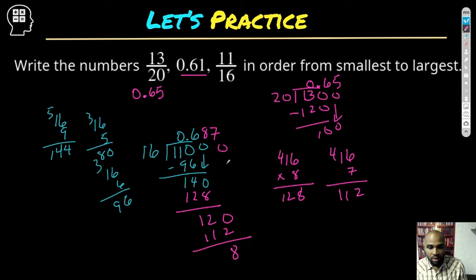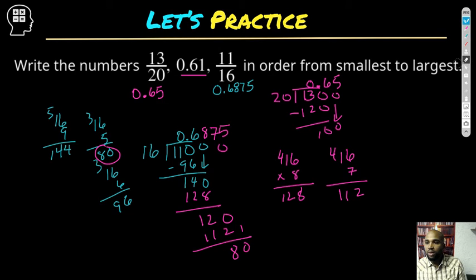I'm going to drop down another 0. I don't think that's going to fit perfectly. Let's see, 16 times 5. Yeah, it does actually fit right here. I love that. So we just have to go a little bit further: 0.6875. Now we've got to put it in order.